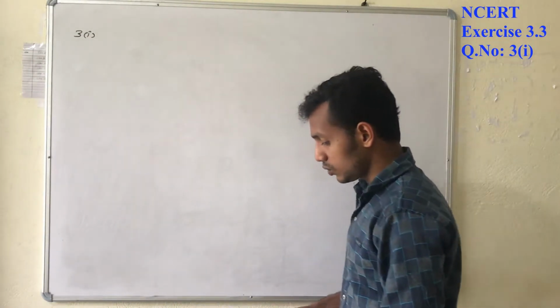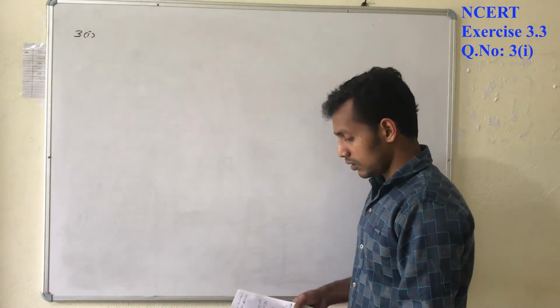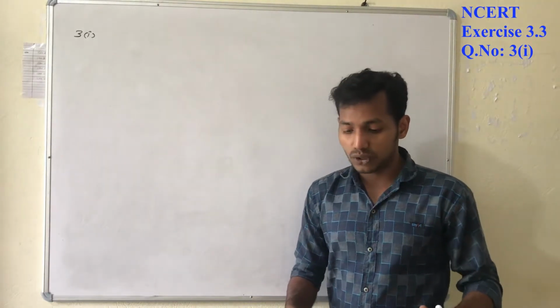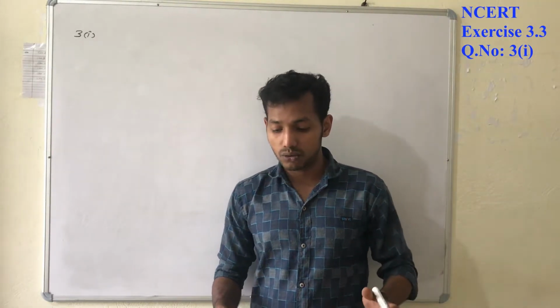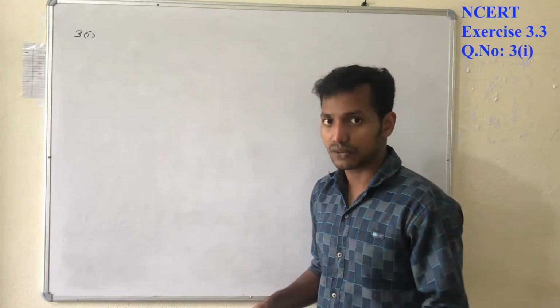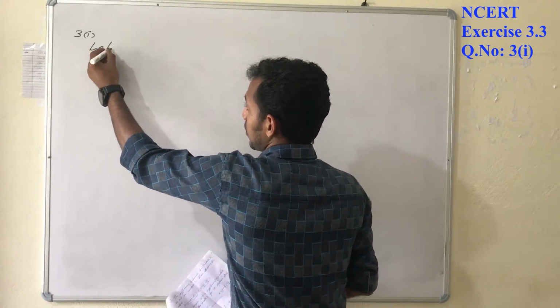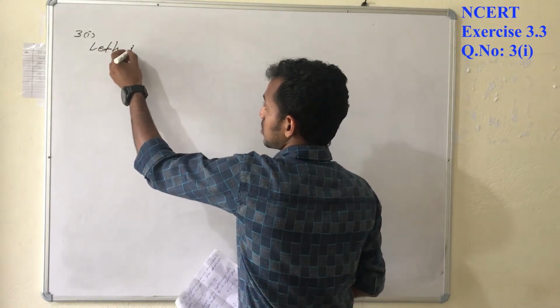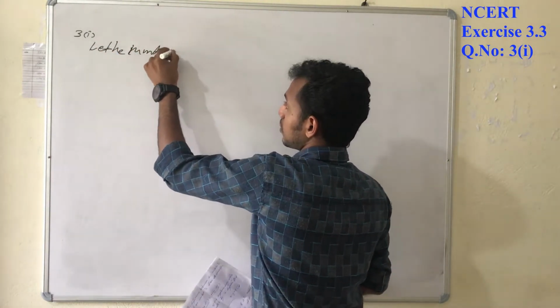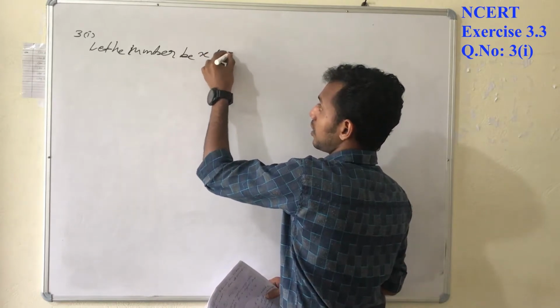From the same exercise itself, question number 3, option number 1. The difference between the two numbers is 26 and one number is 3 times the other. So we can take the numbers, let the numbers be x and y.